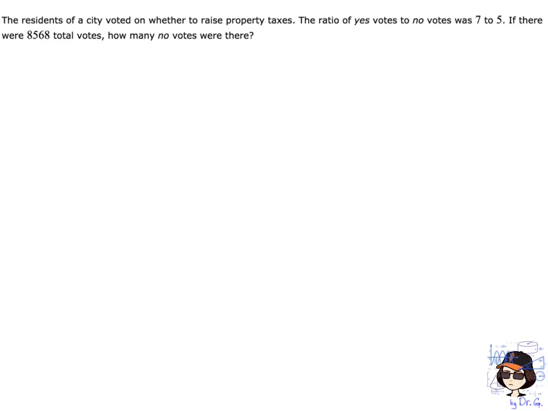So this is clearly going to be a proportion because we see the word ratio. We're told the ratio of yes votes to no votes was equal to the ratio of 7 to 5, and a ratio is just a fraction. So it might be tempting to just write the equation y over n, yes over no, is equal to 7/5.